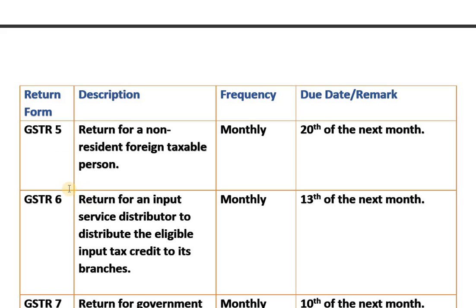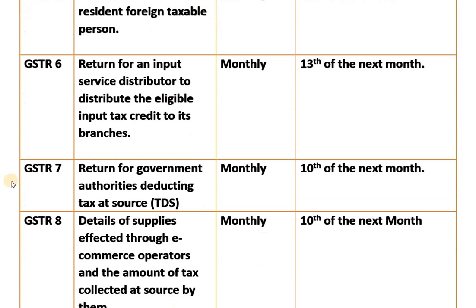Gstr 6 is the return to be filed by the input service distributor to distribute the eligible input tax credit to its branches, and this has to be filed on a monthly basis, and the due date is 13th of the next month. Gstr 7 has to be filed by the government authorities who are deducting TDS, and this has to be filed on a monthly basis, and the due date is 10th of the next month.